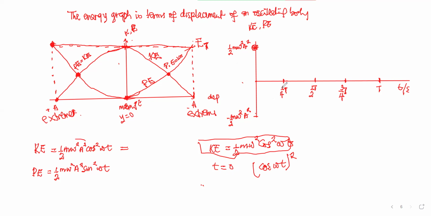When t is equal to a quarter of the period, or theta is 90, what will be KE? It is always easier when you are doing it in angle. So please, let's hurry up. When t is a quarter of the period or theta is 90, what will be the kinetic energy? So you have half m omega squared times cos 90 all squared.